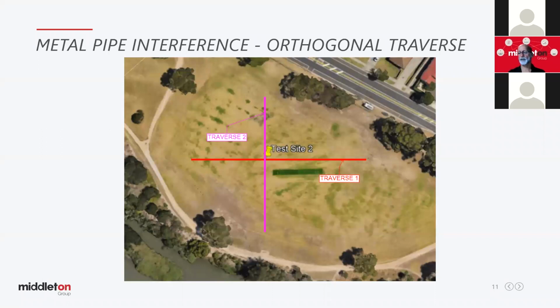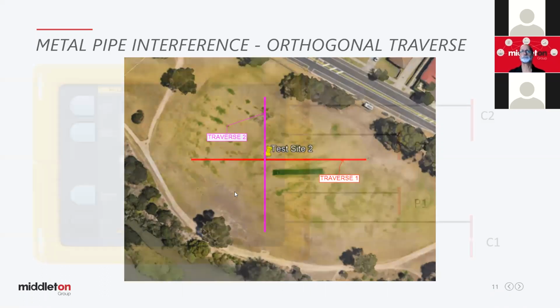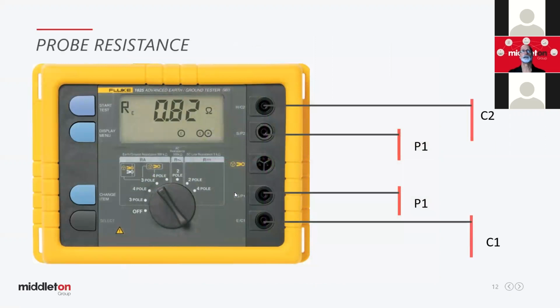That's what we expect if there's no metal under the ground to interrupt our readings. So how do we get around unseen conductive structures under the ground? We do an orthogonal traverse to ensure that we know there's no interference under the ground.